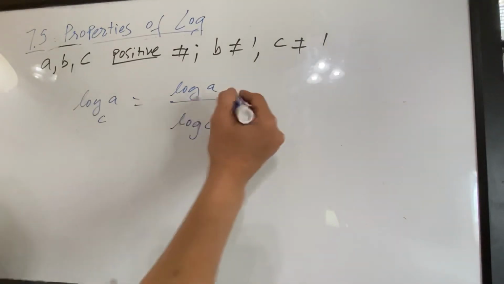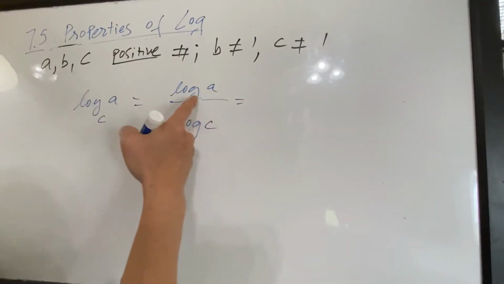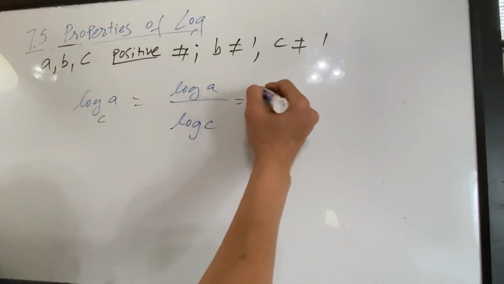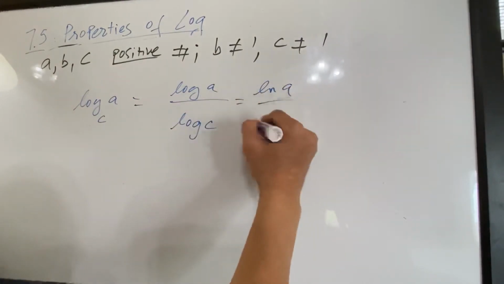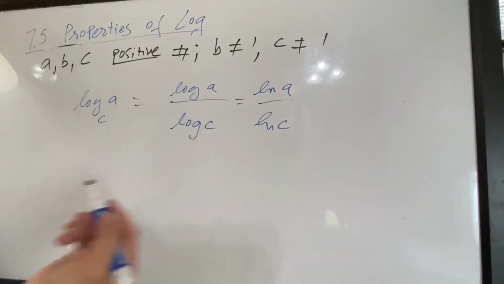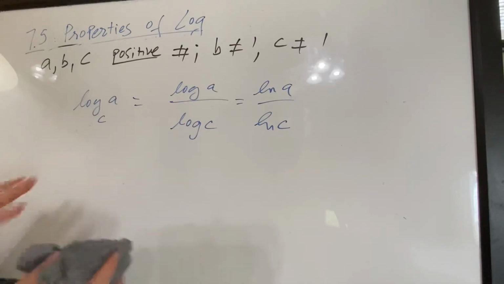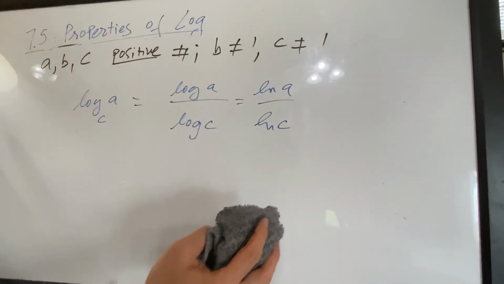Got it? And it's equivalent to, Mr. Dan, can I have my base e? Yep, you can do that. If base e, it turns into ln A over ln C. That's it, guys. Swallow this, like more tools you are receiving and putting into your toolbox so that you can really function very well on these properties. Okay, we're almost there.